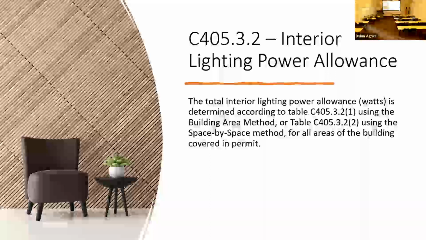The space by space method is something you would use if you anticipate that your project is going to go over what was typically allowed, or there are certain exemptions you're going to want to work through. Because with the building area method, there's not a lot of exemptions or increases in allowance. The space by space method, there is though.